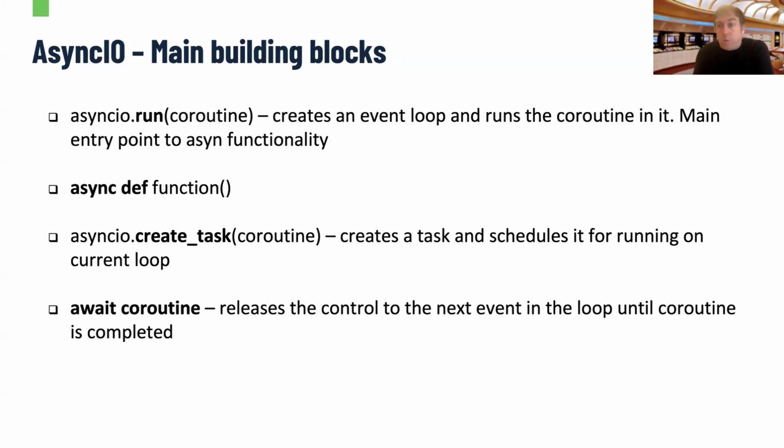Also, when you want to wait for something to happen and release the context, you call await in the coroutine, and the context awaits until the async operation is finished, and then returns control to the main loop that calls this.